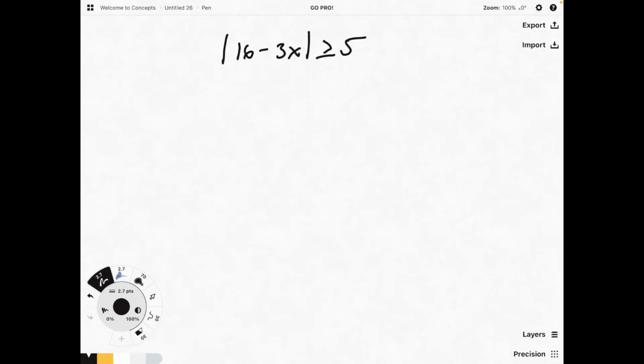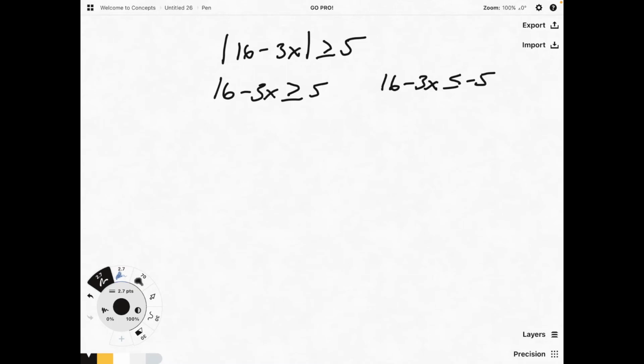And when taking into account the negative values, we need to make sure we flip the sign. If that's the case, we have 16 minus 3x, which is greater than or equal to 5. And we also have 16 minus 3x, which is less than or equal to negative 5.